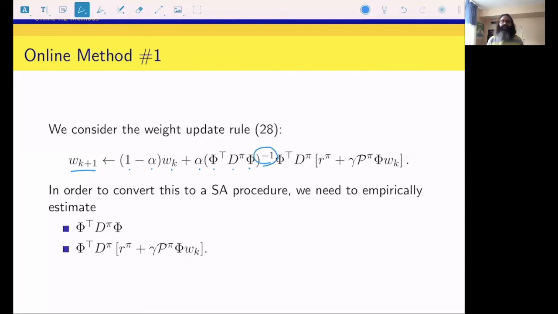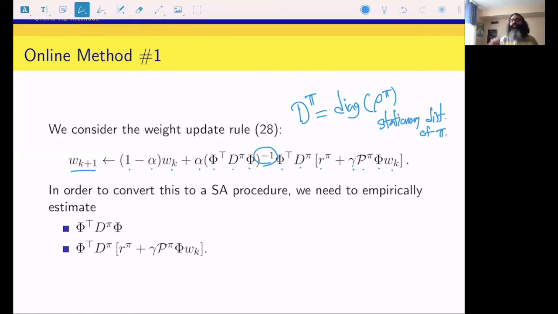Remember that D_pi is defined based on the stationary distribution of policy pi, so D_pi is a diagonal matrix of rho_pi, the stationary distribution of pi. So this is a kind of long formula.